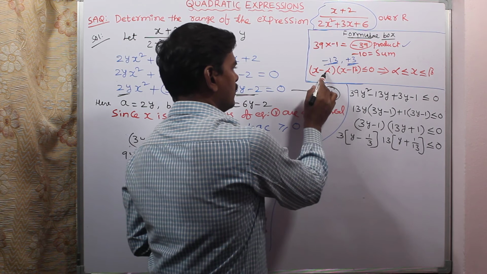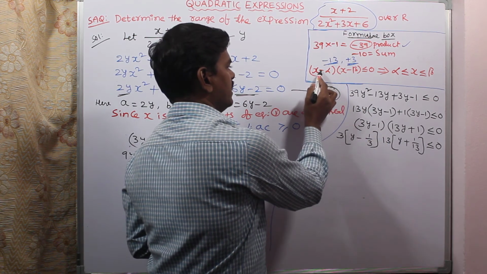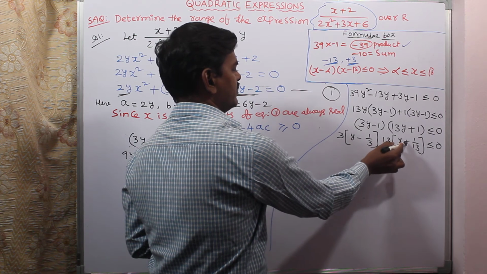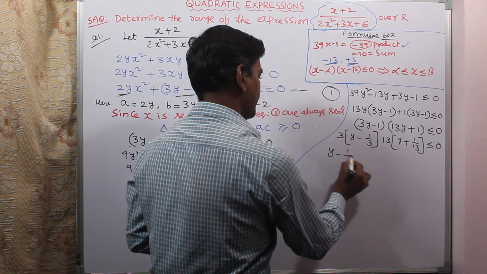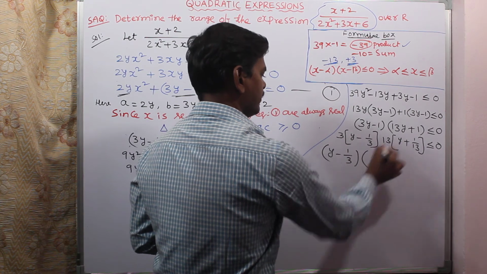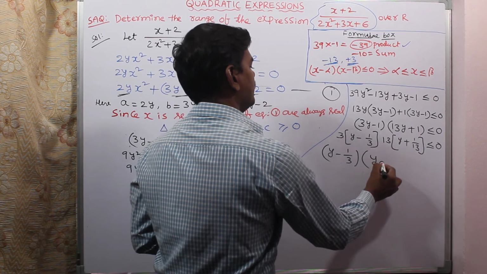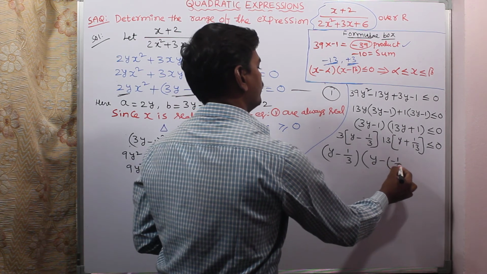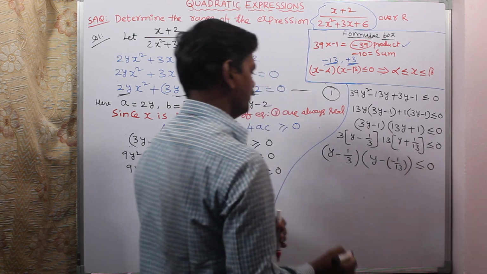And if you compare again, the minus symbol. Here we have a minus symbol, but here we do not have it. Both places should have the minus symbol, so let us create it. How can we create the minus symbol? y plus 1 by 13 can also be written as y minus of minus 1 by 13, less than or equal to 0.